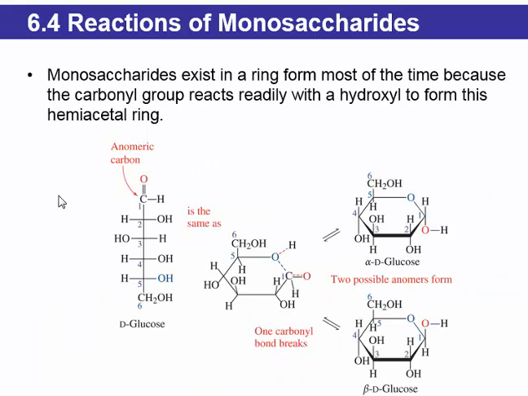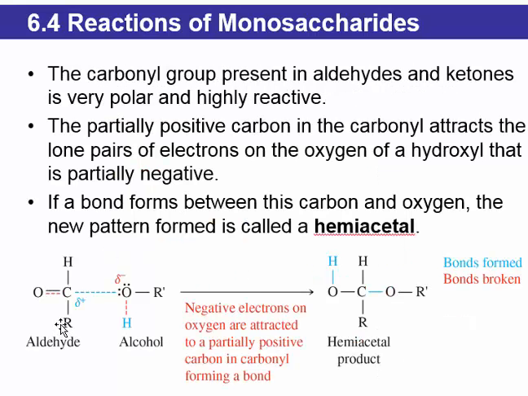So on glucose, this aldehyde group is going to react with the alcohol functional group, that hydroxyl group, on carbon 5. So an aldehyde and an alcohol can react, and what we see here is the carbon-oxygen double bond on the aldehyde has a dashed red line.